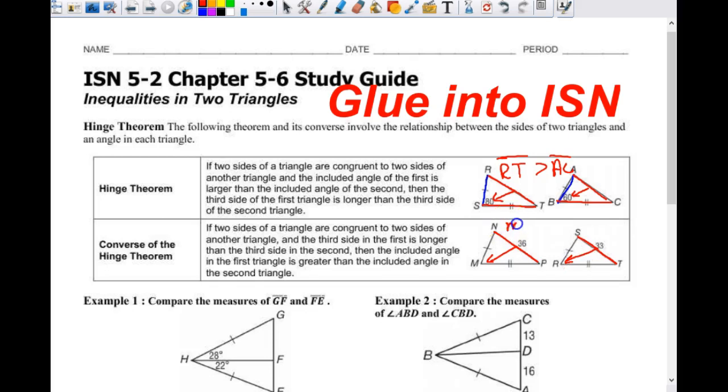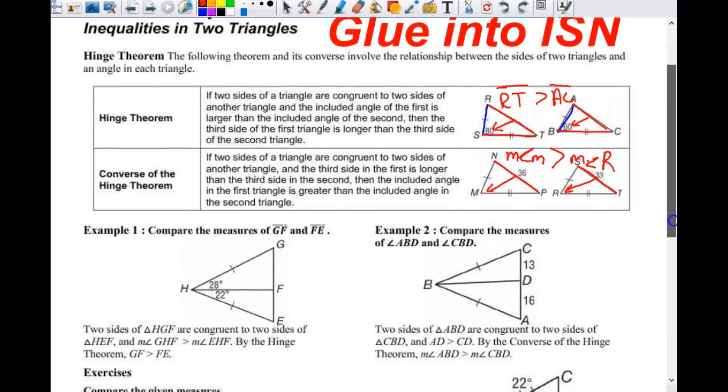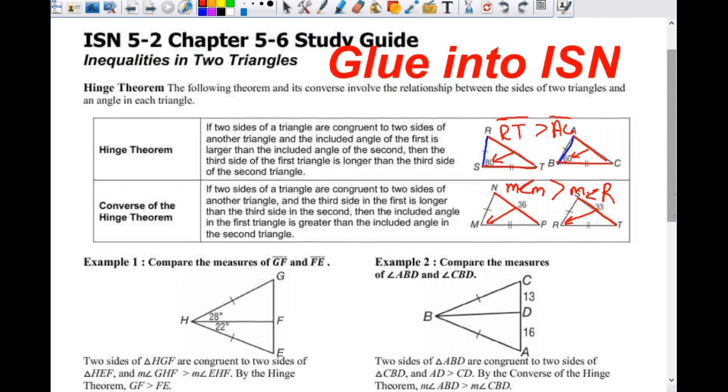Angle M, so the measurement of angle M should be greater than the measurement of angle R. Any questions? Then the angles would be equal to each other. It's a good question. So if this was 33 and this was 33, then M and R would be the same.